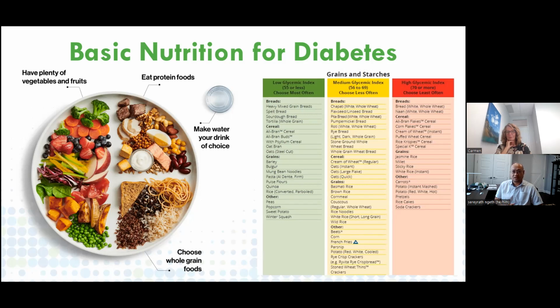So we want just a steady flow of glucose in our bloodstream so that the pancreas can keep up with it. You can see in the first two columns in green and yellow, these are the types of carbohydrates that we prefer diabetics consume.